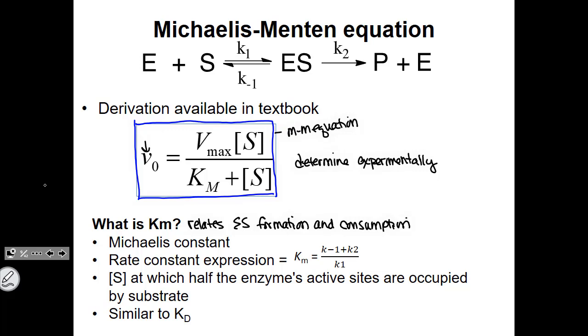Okay, and the expression is shown here, where you're again comparing the rates of breakdown or consumption of ES to the rate of formation. And we'll see how much this Km is changed in the presence of inhibitors.